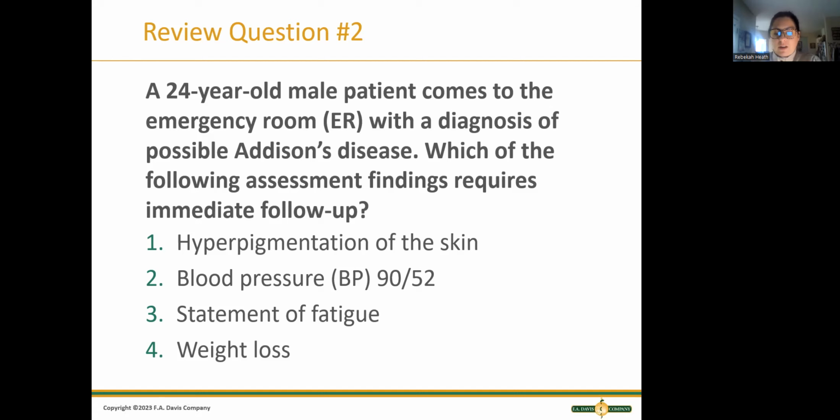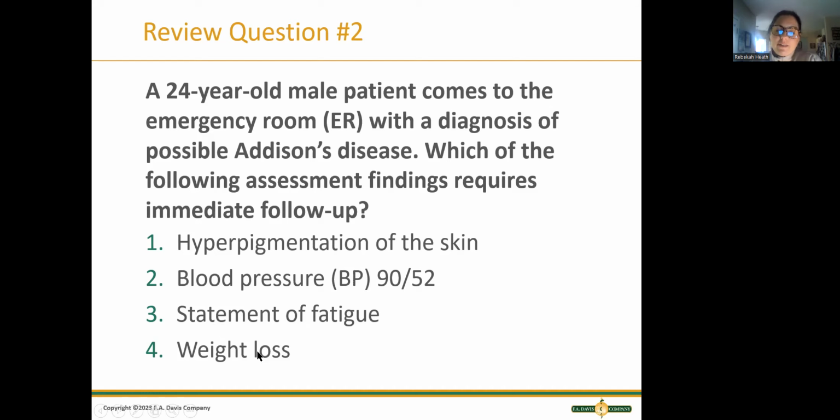Well, the first one that stands out to me is this blood pressure. It's kind of a low normal. When I look at hyperpigmentation of the skin, if the skin's changed color a little bit, that's usually not an immediate issue. If somebody says they feel fatigued, yeah, that's a problem and there's probably something going on, but I don't see that as more important than a low blood pressure.